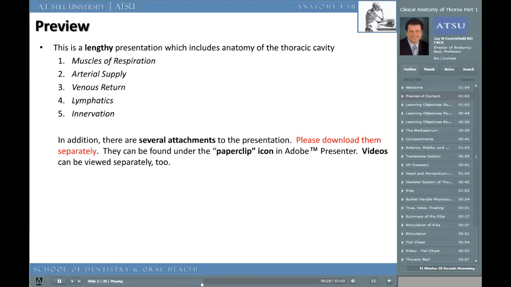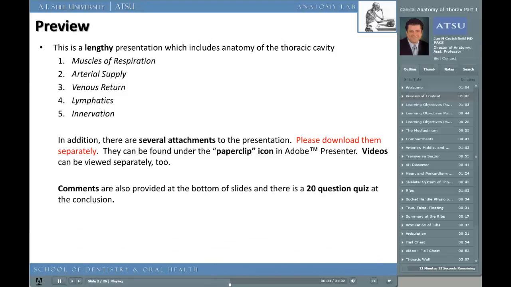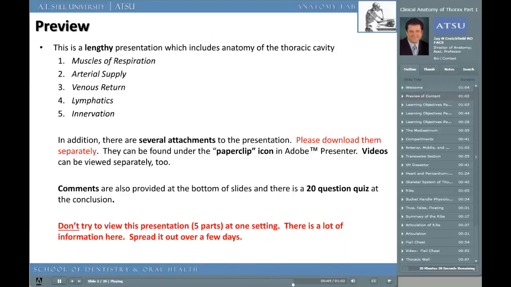This presentation, because it entails not only clinical anatomy, but videos, an explanation of pneumothorax, pleural effusion, empyema, and many other pleural pathologies, should be watched over several days, and I would expect you to watch this presentation over 3 to 4 days and review selectively those attachments which have been connected to this Adobe Presenter file. There's a lot of information here. Don't feel like you have to learn it overnight.